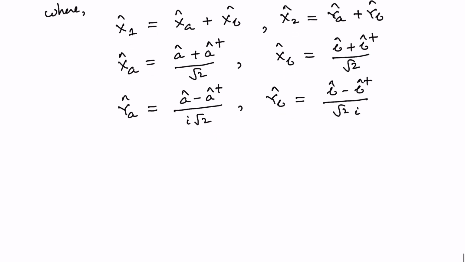While defining these quadratures, it is done in such a way that the commutators of a with a dagger equal to 1 and b with b dagger equal to 1 are maintained.